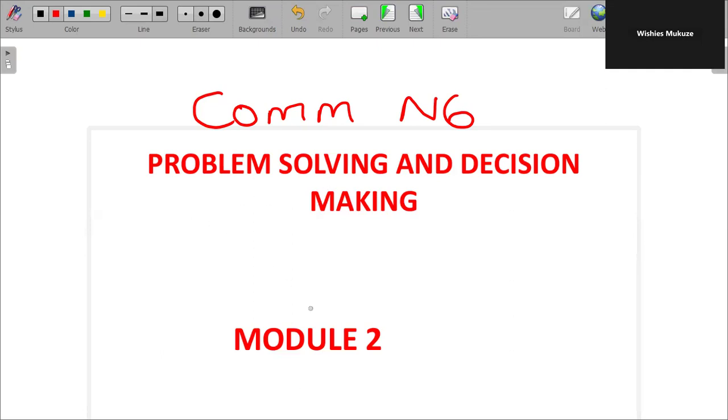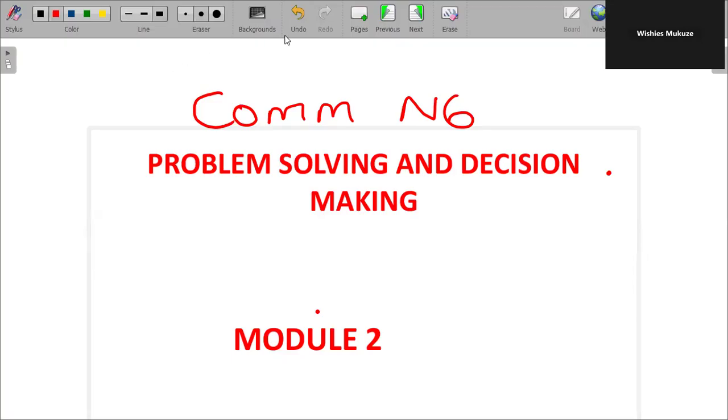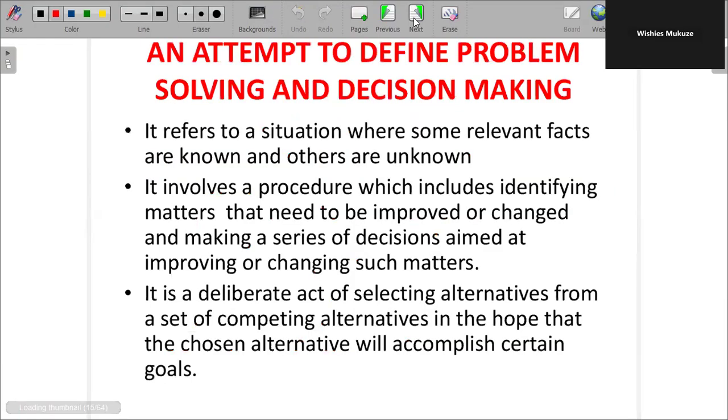You can find that problems are coherent within an organization. You cannot avoid problems within an organization. So let's attempt to define what is problem solving and decision making.